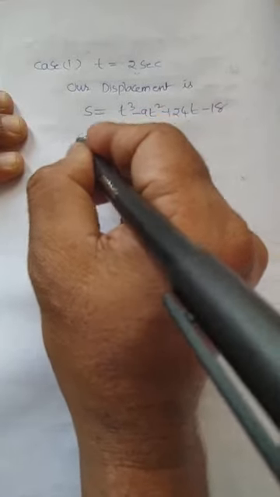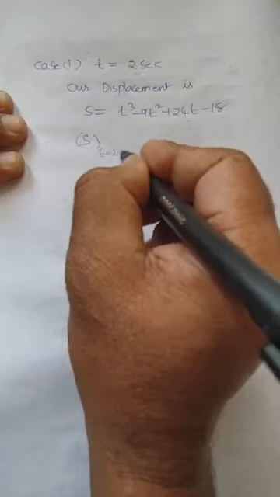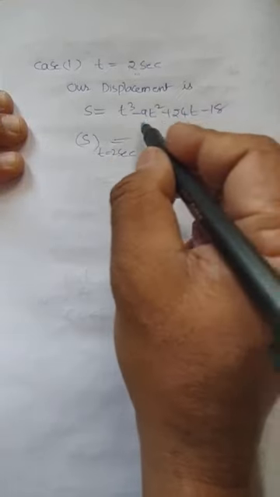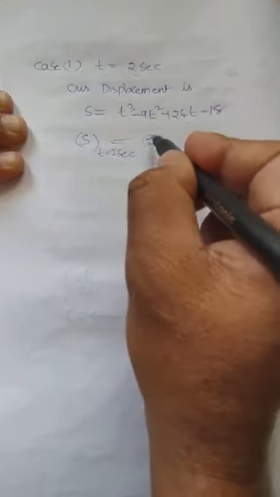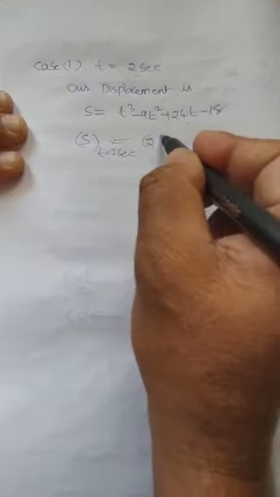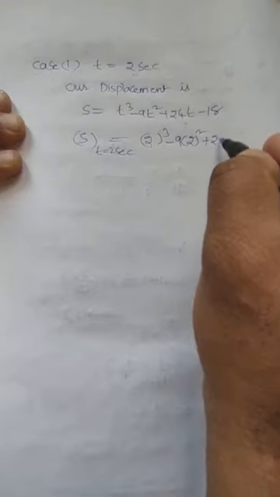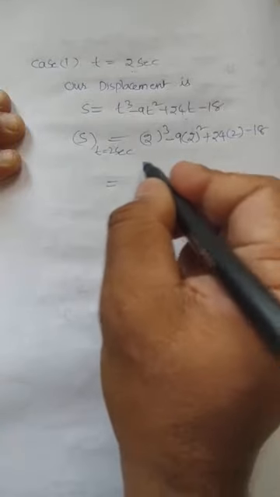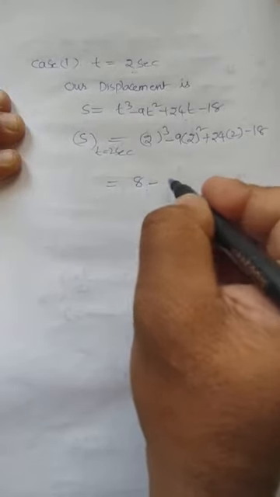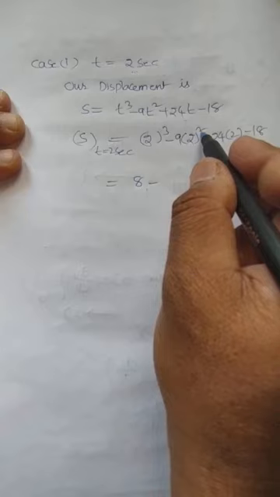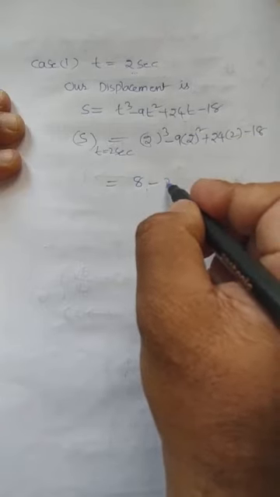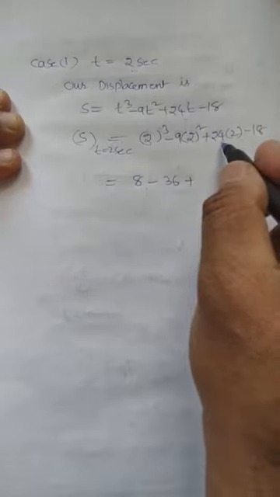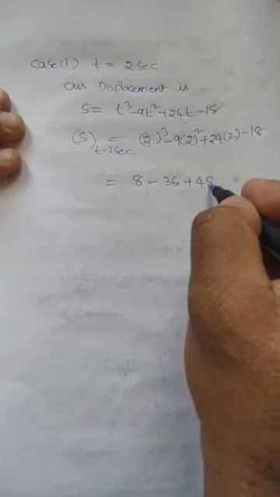So s at t is equals to 2, in place of t I am going to substitute 2: 2 cube minus 9 into 2 square plus 24 into 2 minus 18, that is equals to 8 minus 4 nines are 36 plus 24 into 2 it is 48 minus 18.